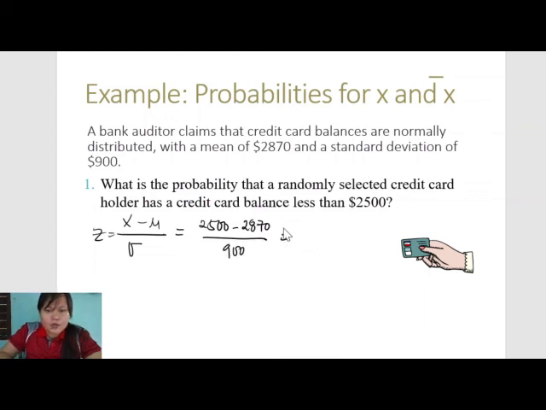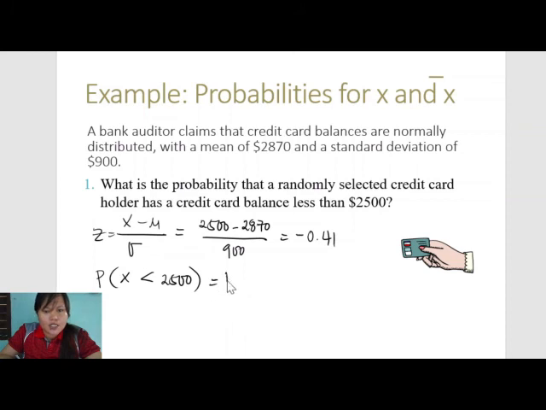Okay, that would be equal sa negative 0.41. Okay, so hanapin natin yung negative 0.41 na yan para makita natin yung probability na yung X ay less than 2,500.